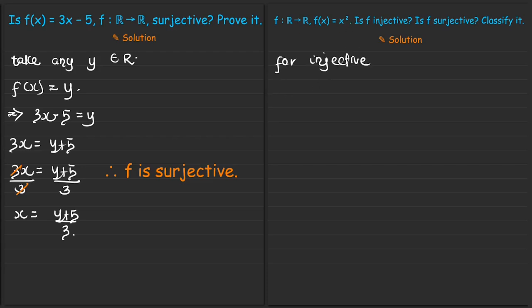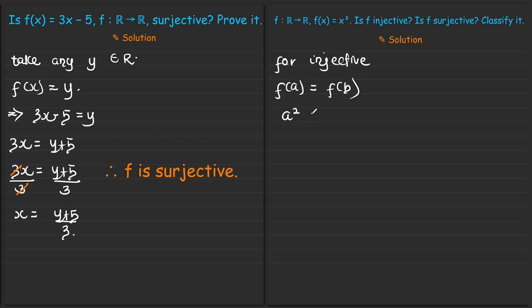We know that for injective, there are two ways we can solve it. It's either you find a counter example or you prove that f of A is equal to f of B. So I'll do both. That is, f of A should be equal to f of B. F of A here simply means my A squared.